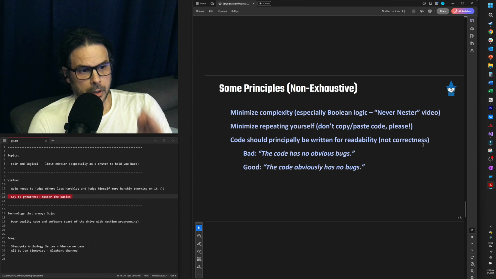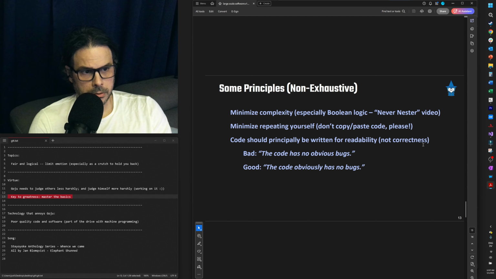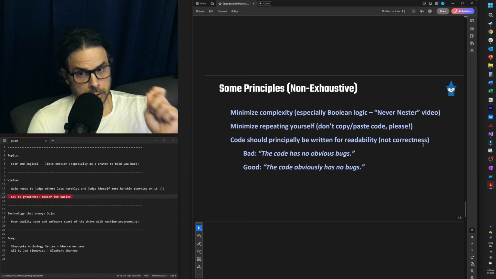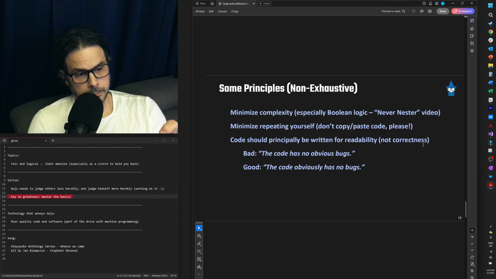However, if the code is written principally for correctness, and we're going to do whatever we can to make it correct, including sacrificing readability, the code may be correct right now. But one, software that's used is software that's maintained. Software that's maintained is software that's changing. Just because the code is correct today doesn't mean it's going to be correct tomorrow.